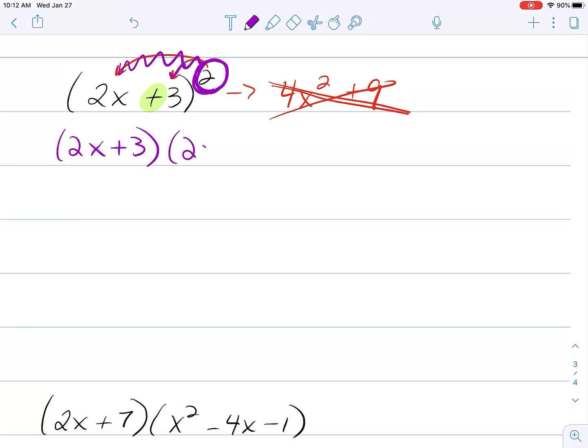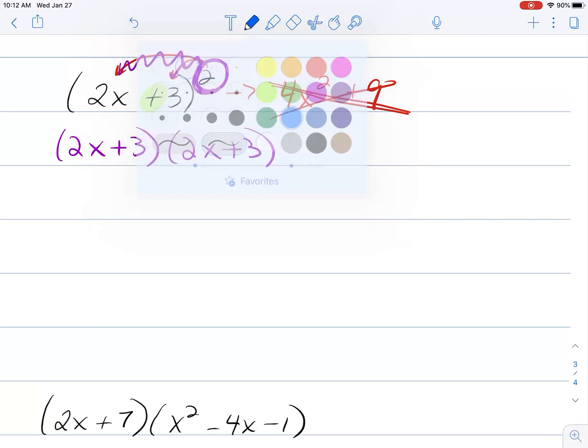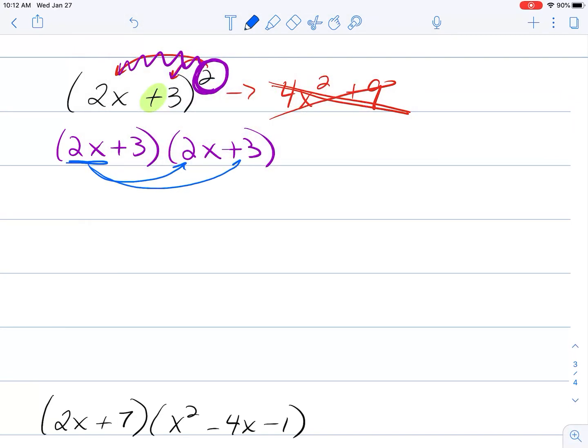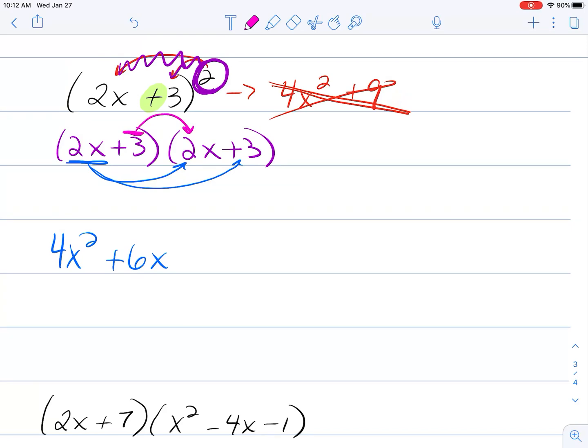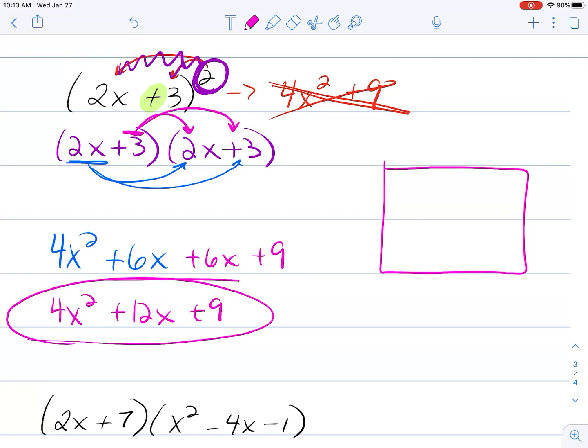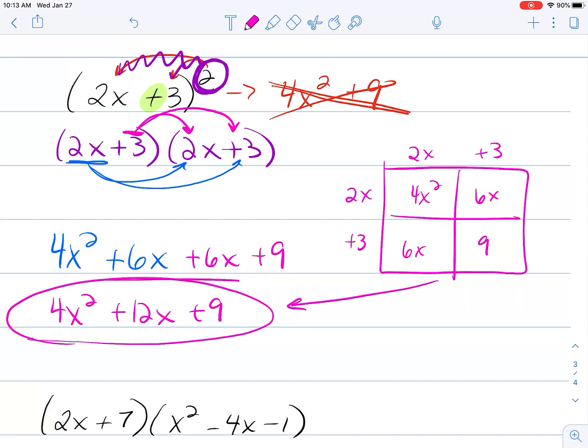So we would write it twice, and then we would multiply just like we did above, right? So we could take the 2x and distribute that to both terms, 4x squared plus 6x, and then do the same for the second, plus 6x plus 9, and that leads me here. Or again, you can box, which leads me right back there.